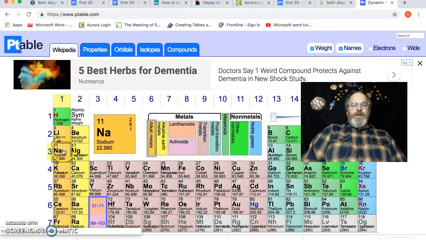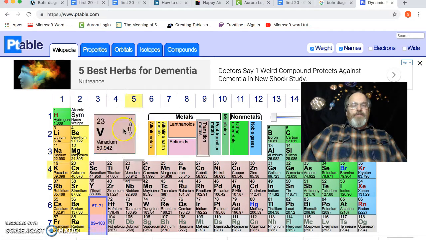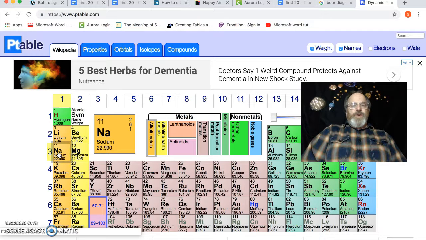In sodium, if you notice in the enlarged sodium, once I hover over it here, it tells you in the top right corner, if you look at the larger sodium element that's highlighted, it says 2, 8, 1. That's the electron shells.